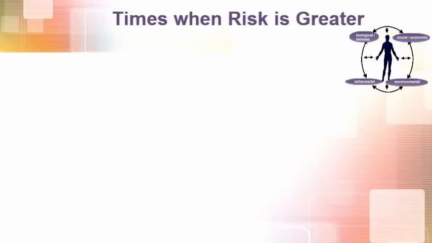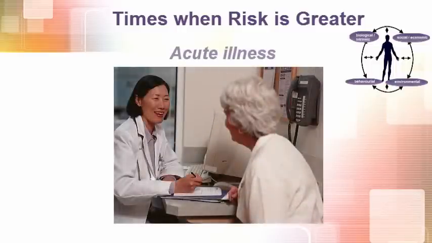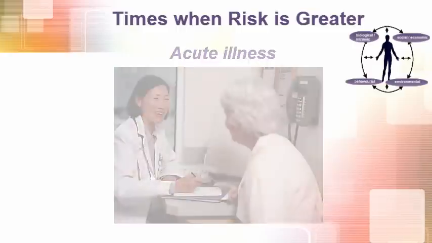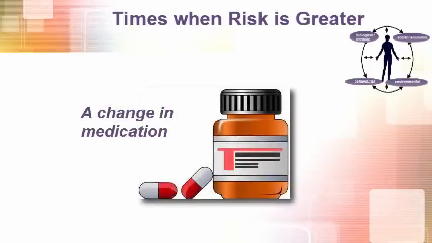In addition to the four categories of risk, there are times when risk is greater. Acute illness like the flu, a urinary tract infection, or surgery can affect an individual's energy level, mobility, and concentration. They are not functioning to their full potential. A change in medication or a new medication may result in side effects or may require a period of adjustment.